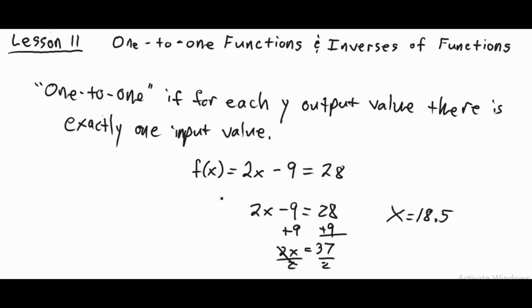Okay, and that's the only solution. There is no other answer, and therefore the output of 28 results in only one input of 18.5, and since there is only one input for the one output, that means that this function 2x minus 9 is one-to-one. Okay.